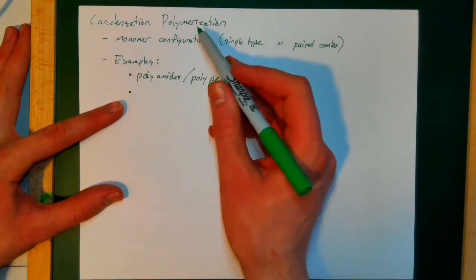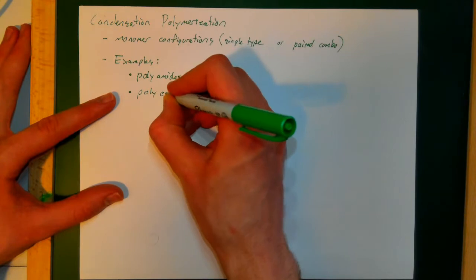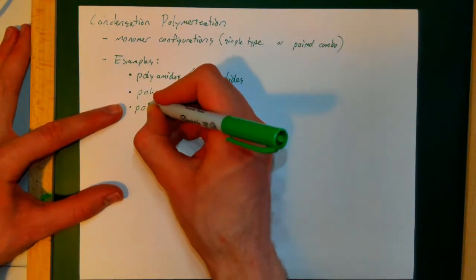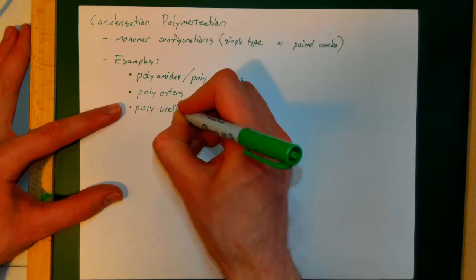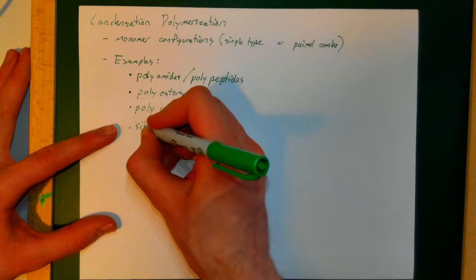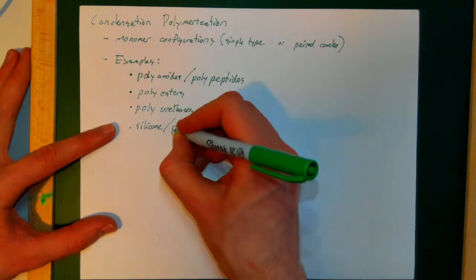Another example of a condensation polymer that we'll talk about are polyesters. We'll also talk about polyurethanes. We'll also talk about silicone, which has the more formal name polysiloxane.